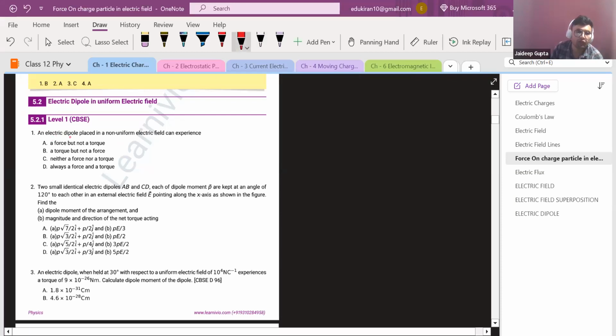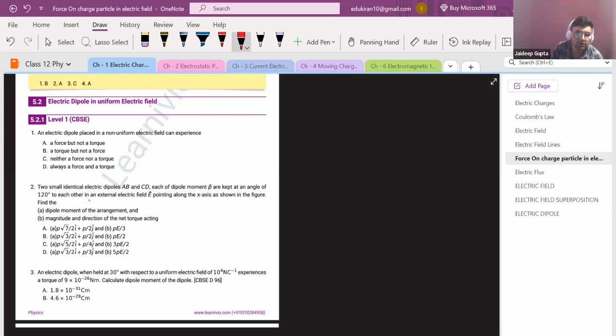An electric dipole placed in non-uniform field. Leave this question, I'll let you know next time. Okay, third one, just go through it. Will you be able to do it? Which formula do we have to use? An electric dipole at 30 degrees with a uniform electric field, the electric field is given, experiences a torque, calculate the dipole moment.